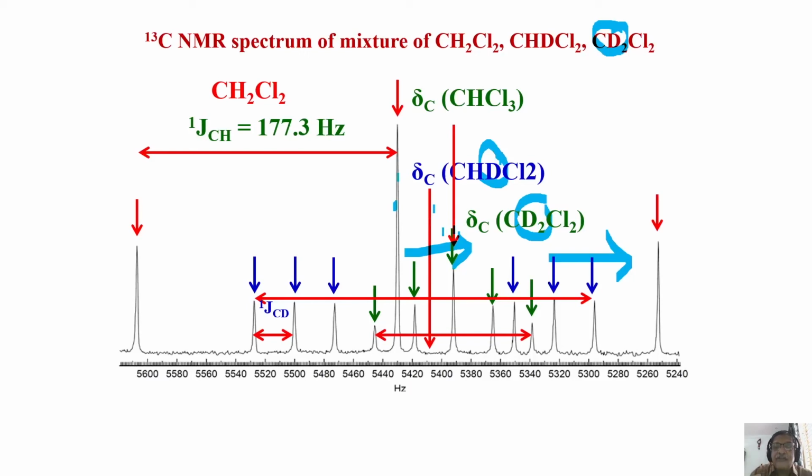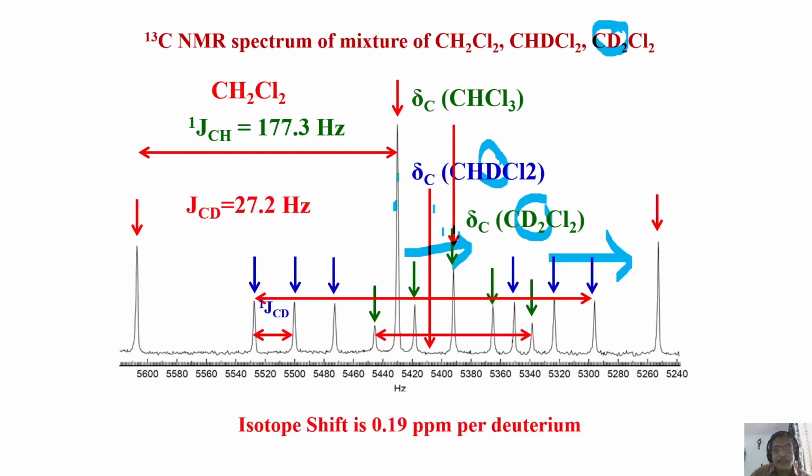So the more heavy isotopes are substituted, the larger the shift of the spectrum to high field. This is what you should understand. So you can calculate per deuterium substitution, the isotopic shift is 0.1 to 0.19 parts per million. It will be in ppm, a large value.